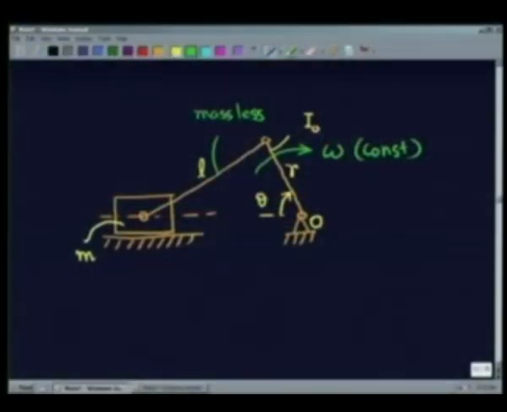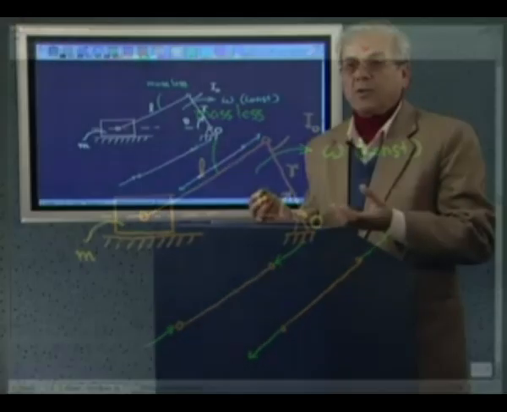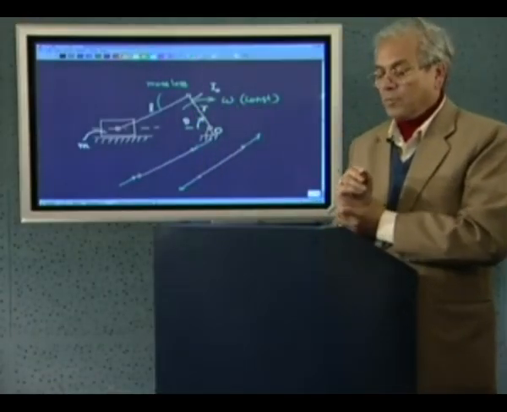Then it will be subjected to either pure compression or pure tension, which means that the resultant force on this will be 0, because it is a massless system. It cannot sustain any resultant force or moment.